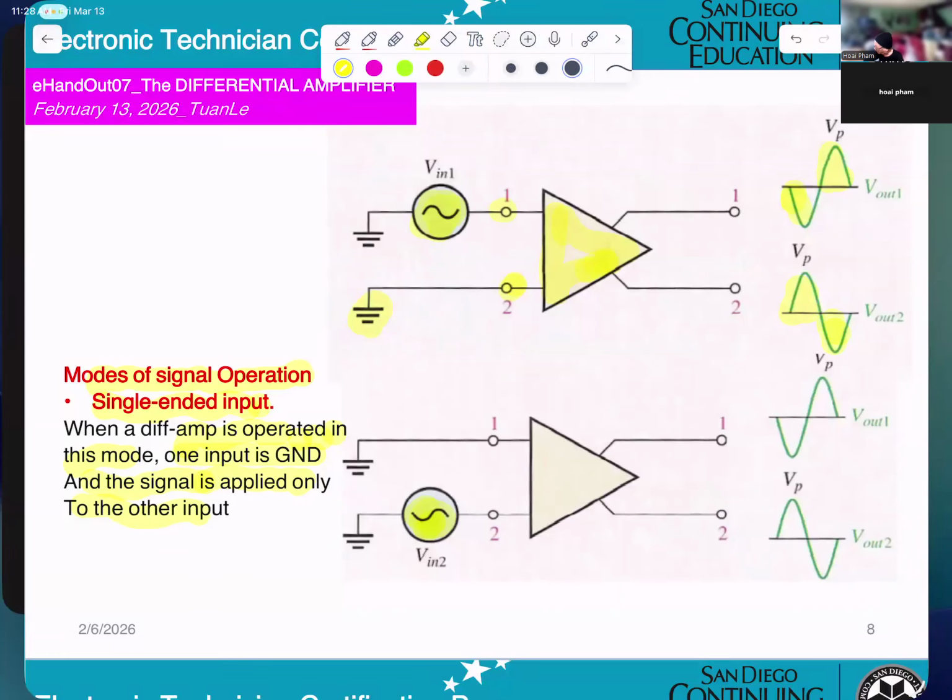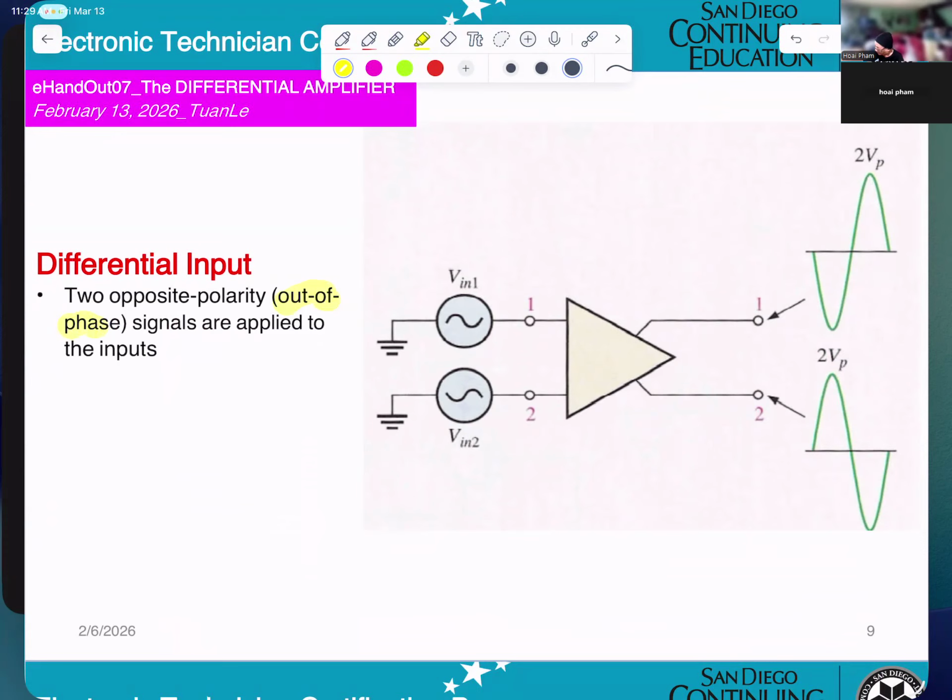Now, differential input: opposite polarity, out of phase signals applied to the input. You get an amplifier, with V in 1 applied to input 1 and V in 2 applied to input 2.